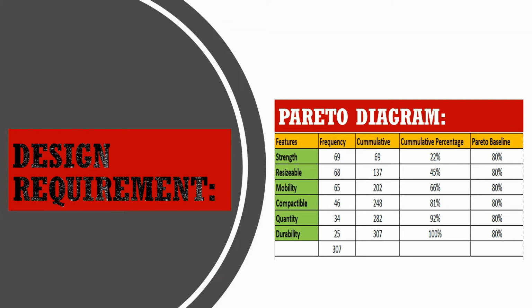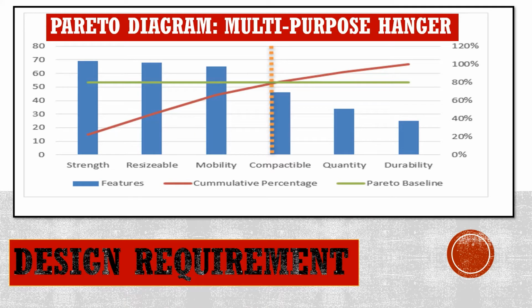If you look at the Pareto chart here for the multi-purpose hanger, there are 4 features which need to be looked upon in order for the multi-purpose hanger to be relevant, which are the strength, the resizable, the mobility, and compactable. This is according to the 80-20 rule, 80% effects and 20% causes. The 20% cause is for the quantity and durability, which can be neglected.